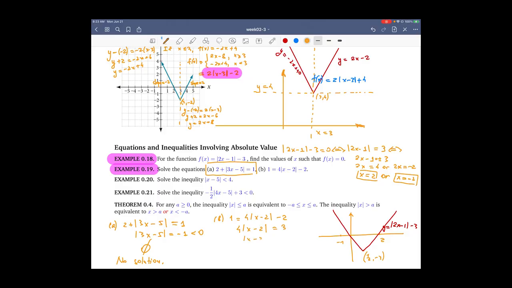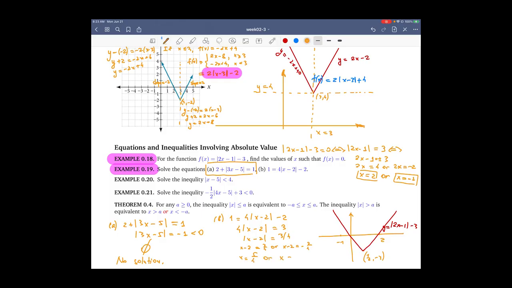Now absolute value of x minus 2 equals 3/4. So x minus 2 either equals 3/4 or it's equal to -3/4. In the first case, we have 2 minus 3/4. That is 5/4.